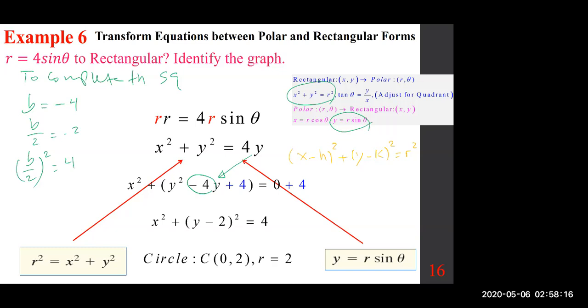To complete the square. Oh, thank you. Sure. To complete the square. That was the method. Sounds good, everybody? Yes. Okay.